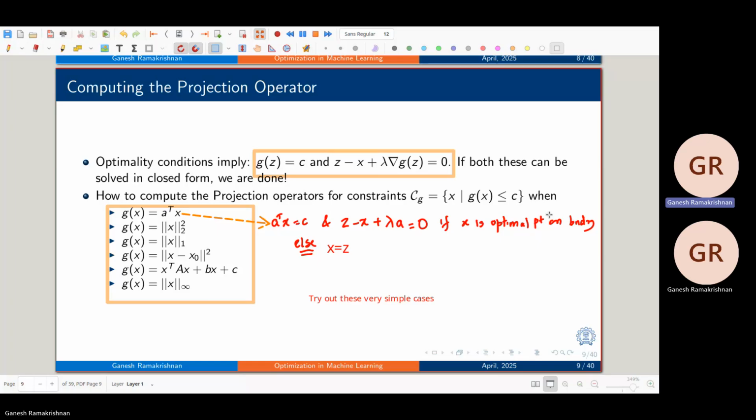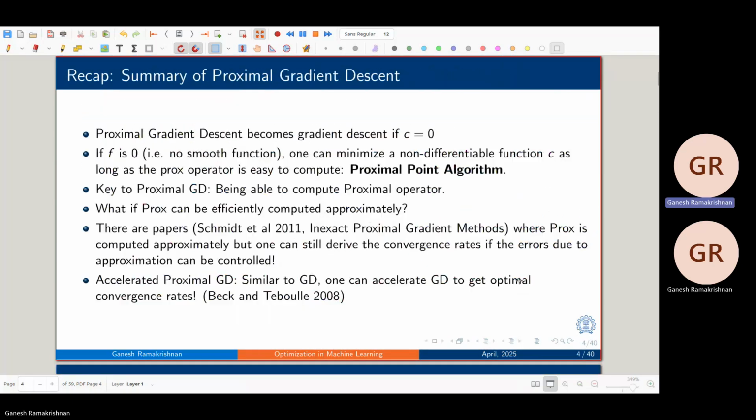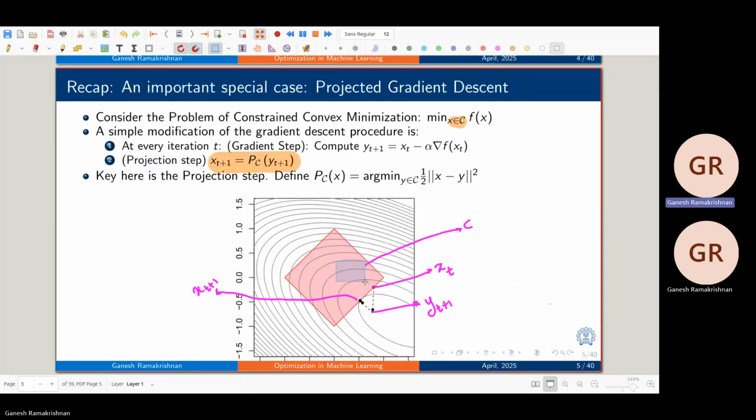If your update point is lying completely within the constraint region, there's nothing to be done. There's no projection to be done. So these steps are also correlating with intuition. That's all we are trying to say.